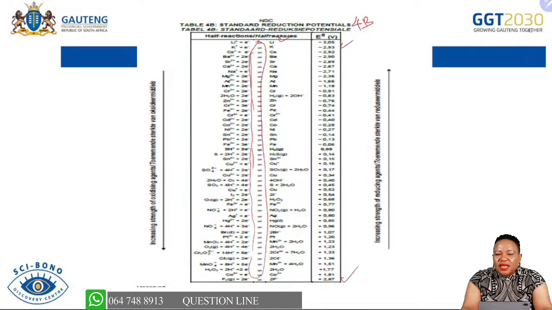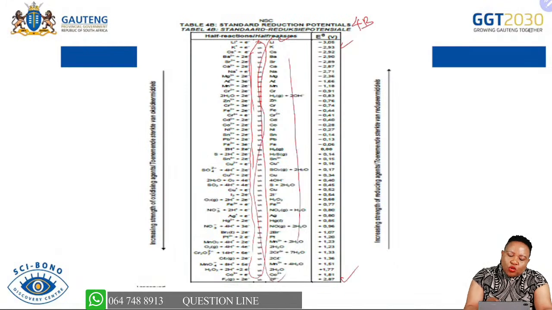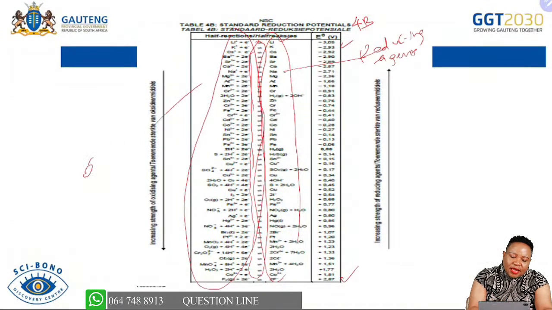It only means that it is possible that that half reaction can undergo oxidation or reduction, depending on what it is reacting with. When you look on your right hand side, you will find all your reducing agents on the table. And when you look on your left hand side, you'll find all your oxidizing agents.